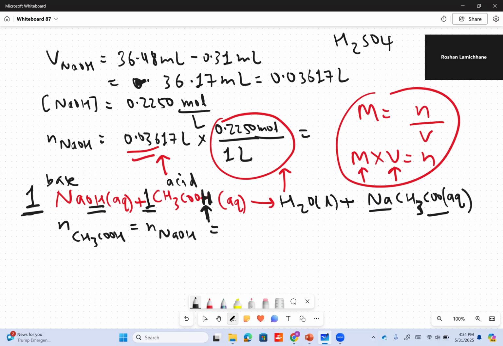If I multiply this 0.03617 liters times this number of moles of NaOH, it is going to end up being 0.0081382 moles.